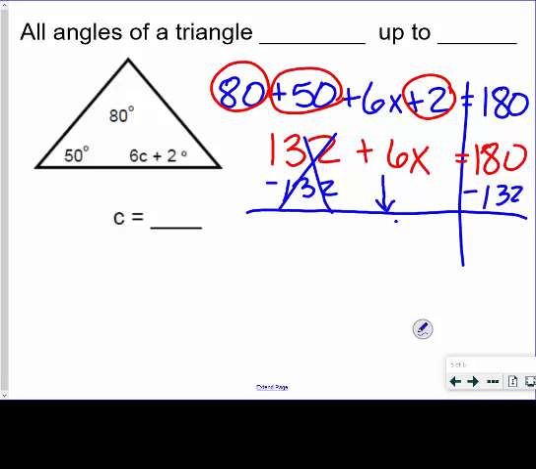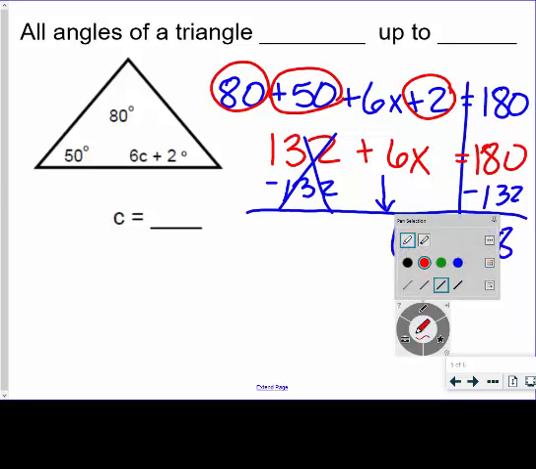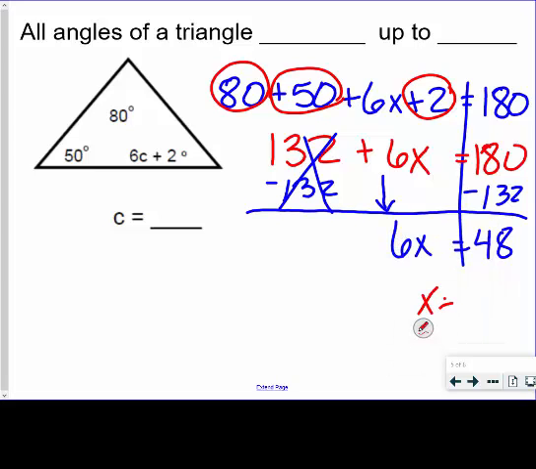What's 180 minus 132? So how do I figure out what X equals? So what does X equal? Eight.